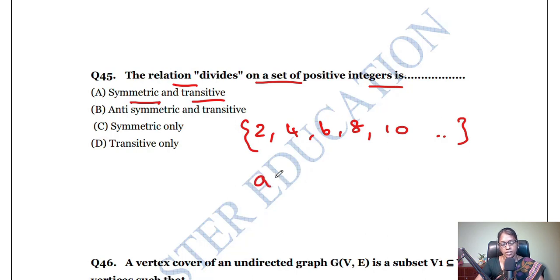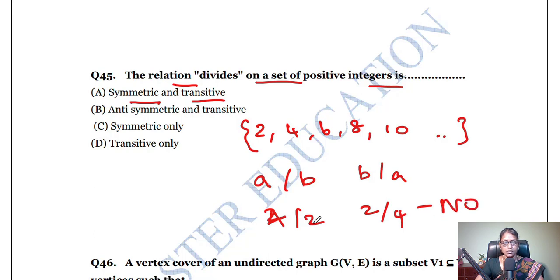If a is divisible by b, b should be divisible by a. Is this possible? 4 is divisible by 2, but is 2 divisible by 4? No. So it is not a symmetric relation, so you can represent it as antisymmetric.